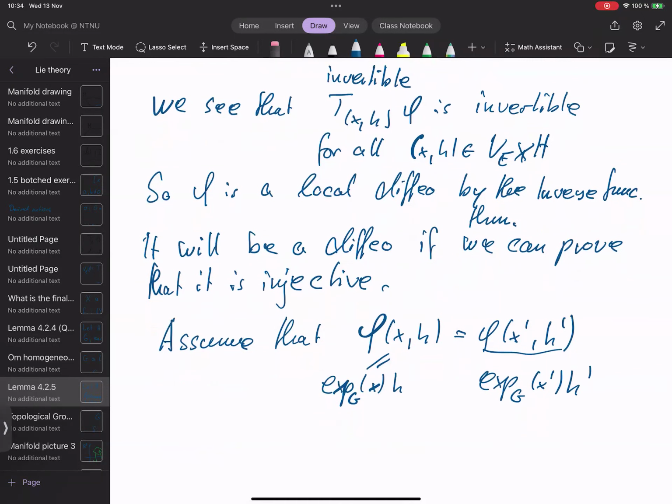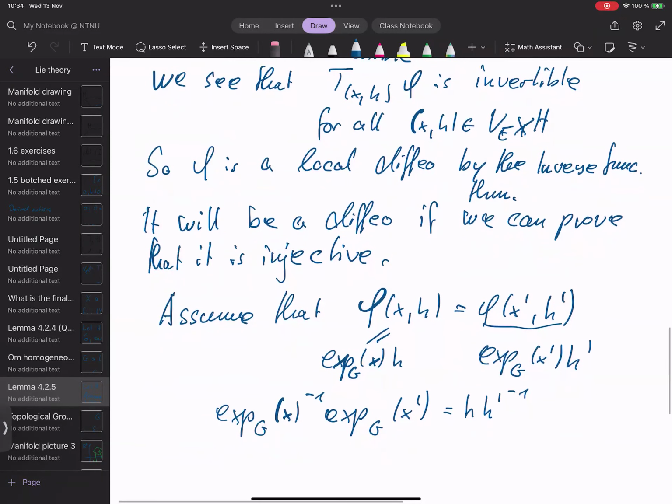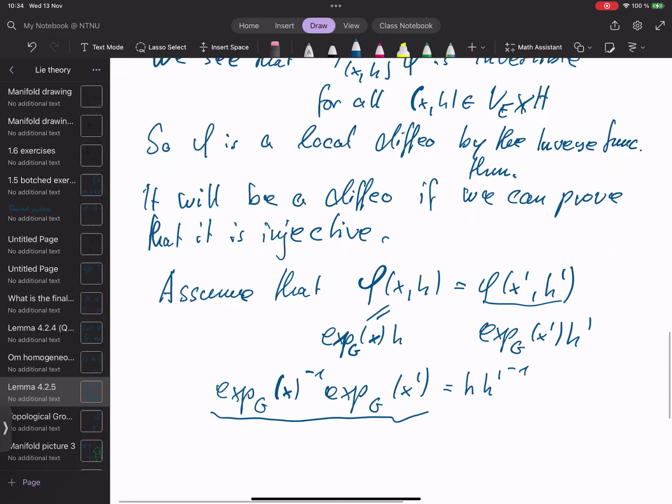So sorting things out, what we get is exp_G(x) inverse times exp_G(x') has to be equal to h times h' inverse.